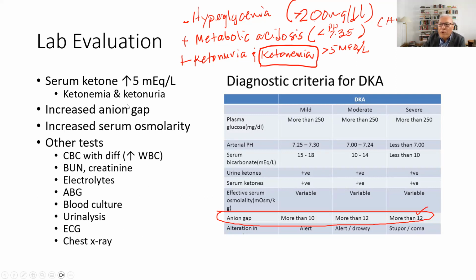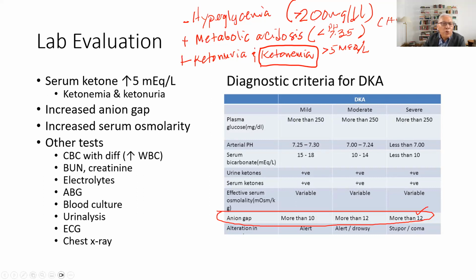But the most important thing that I want you to remember is to monitor the ketones, to monitor the anion gap. What's the number that you want the anion gap to be? 10 to 12. Very good. You want it to be between 10 to 12, and that is the normal anion gap.